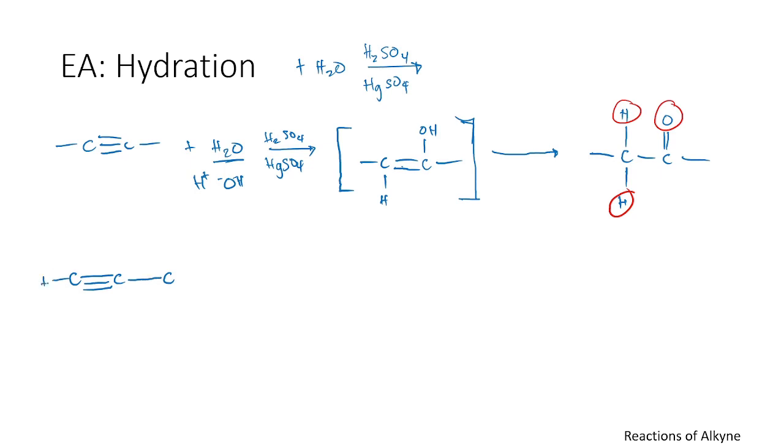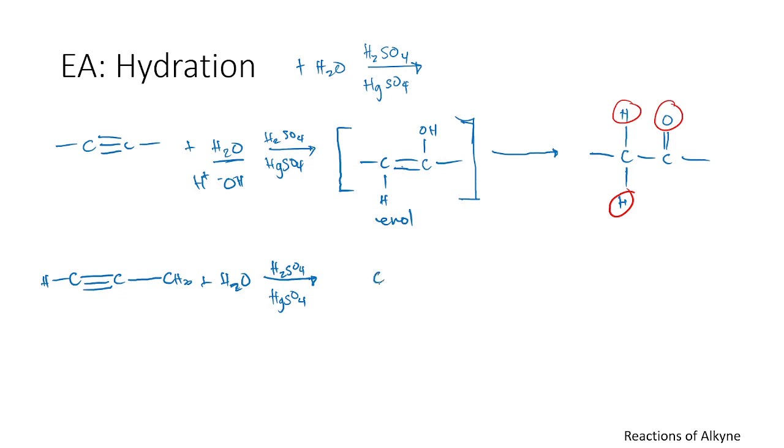We have here our hydrogen, and we have here our CH3. If we add water here, and we have our sulfuric acid and our mercuric sulfate, first we will have our enol, wherein our enol will look like this.